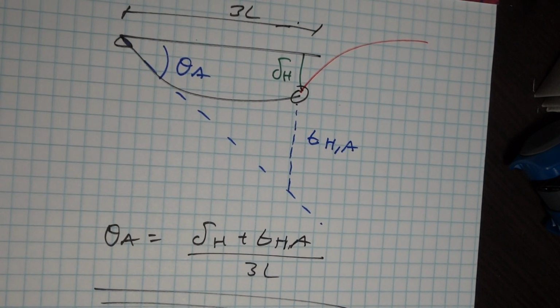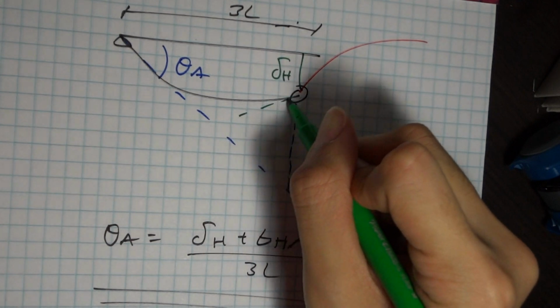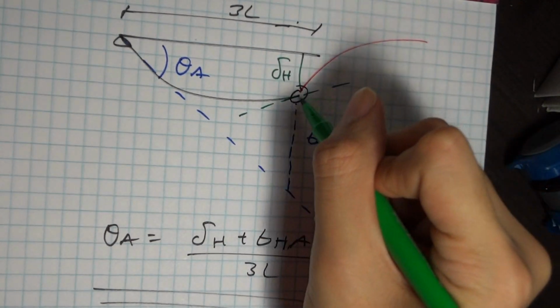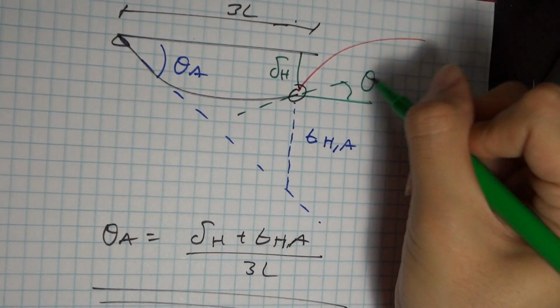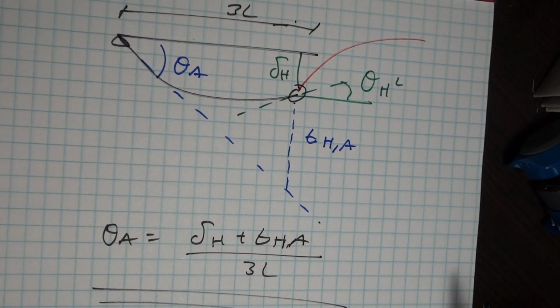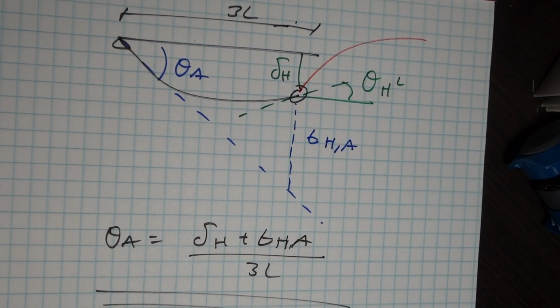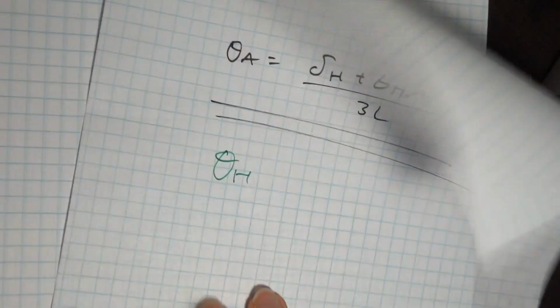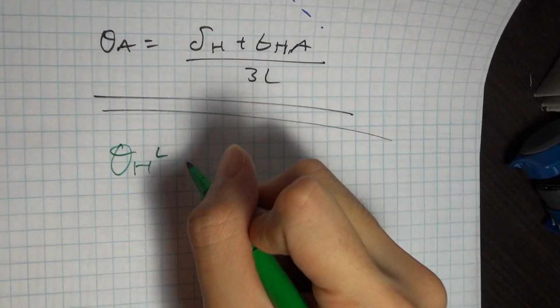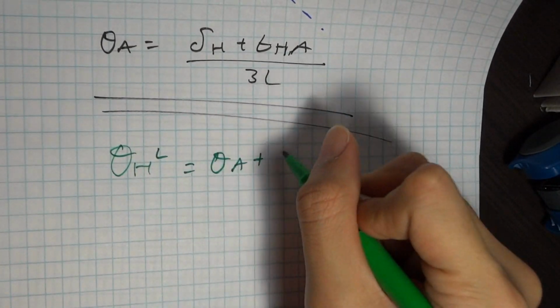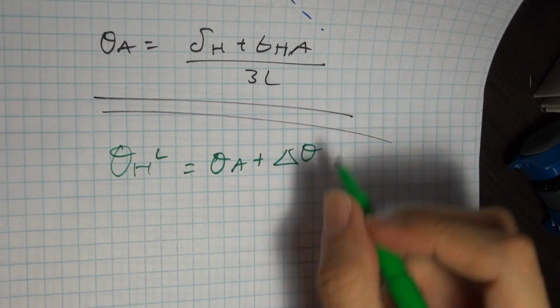Once I have that angle, I can get this, which is theta hinge on the left. Theta hinge on the left is equal to theta A plus delta theta.